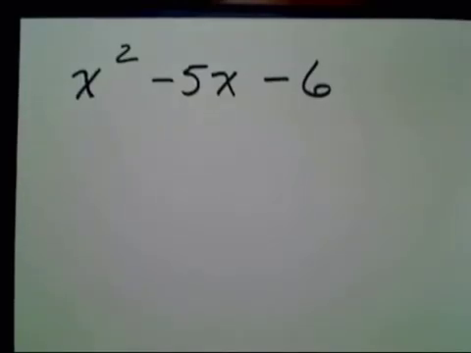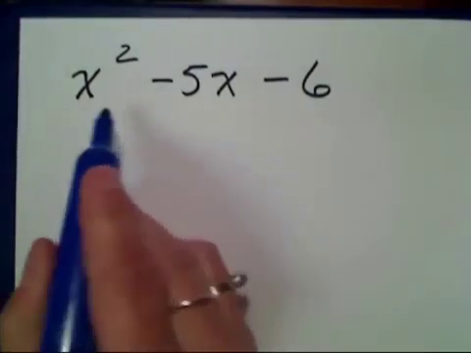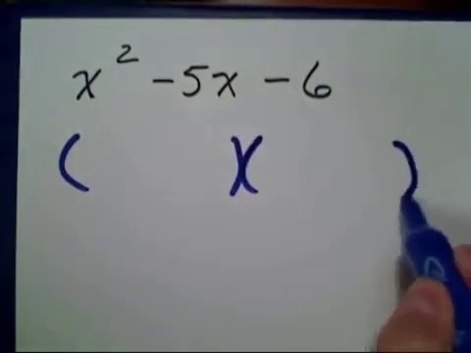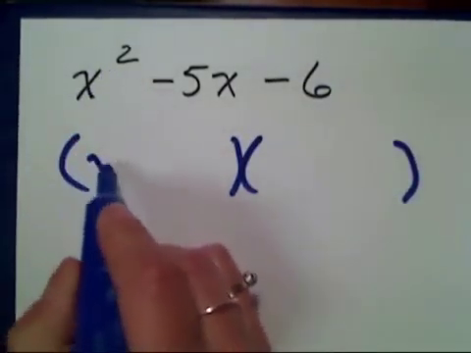Here's another example. Now it looks fairly similar to the first one that we did, that was x squared plus 5x plus 6. But we've switched both of our signs. Now I have to see how that's going to change our end result. Once again, there's no greatest common factor, so I go to my two sets of parentheses. Only way to get my x squared is x times x.